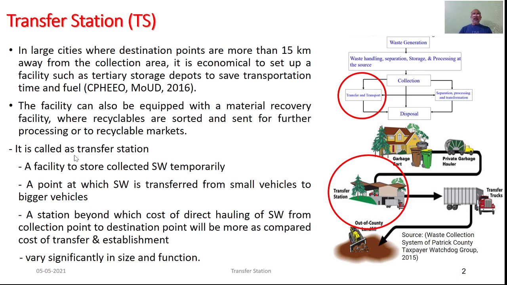Hence, this transfer station facility is meant to store the collected solid waste temporarily.